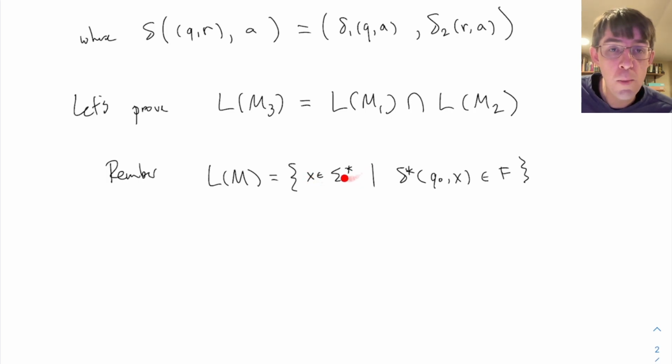That's what sigma star means, all possible strings that you can make, such that the delta star means you start at the starting state, and you read the whole string x, and the resulting state that you end up in is an element of F. That is to say, it is one of the accepting states. So this just says it's all strings x such that if you start in the starting state and you read x, it ends up in one of the accepting states. So that's the definition of L of M.